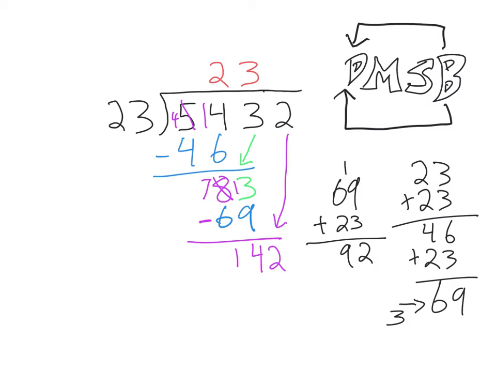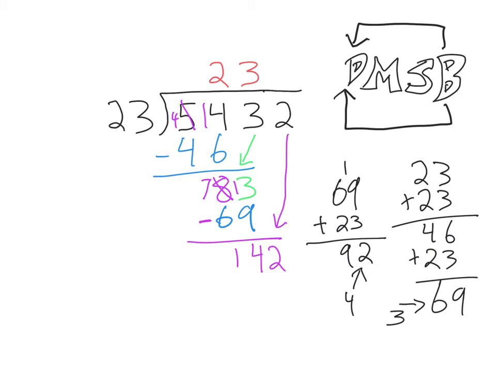Well, hold on. Let's think logically about this, right? If I go over here to my work, 69 was 3 groups, and I added another group, and I was at 92. So hold on. We're already at 92, and that's 4 groups. So I'm going to do some more work here. I know that 92 is 4 groups.